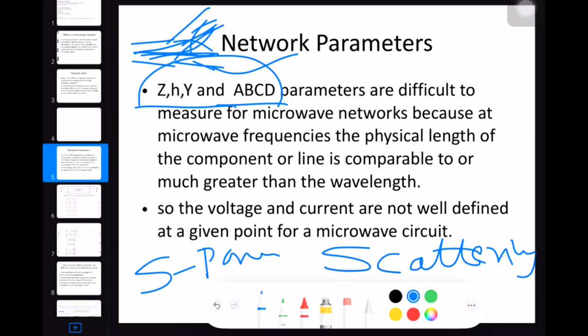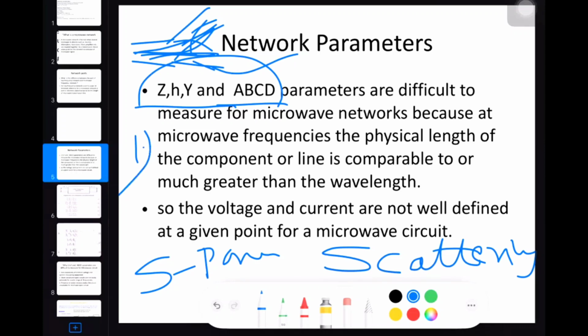So, we should know the reason why we are not able to make use of Z, H, Y and ABCD parameters to analyze a microwave network. First of all, the basic important reason is the physical length of the device.